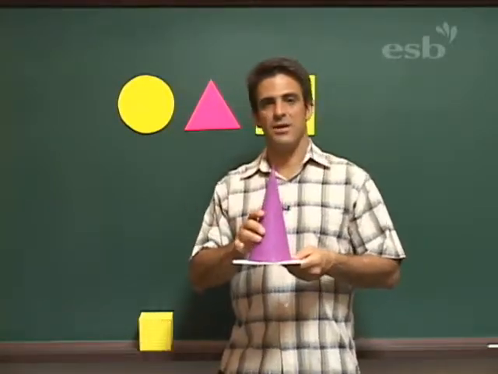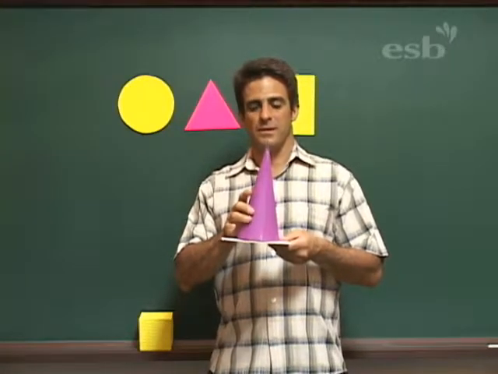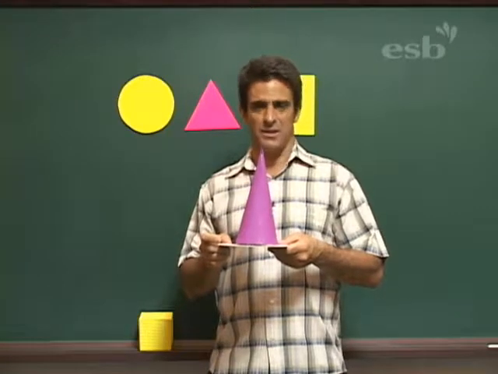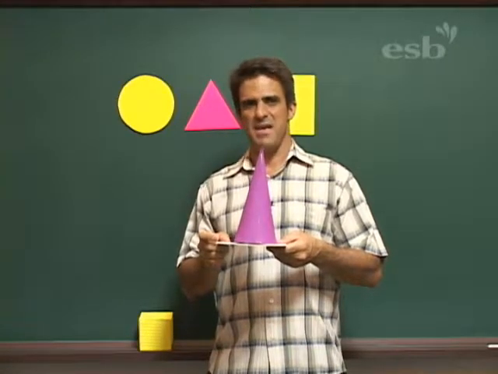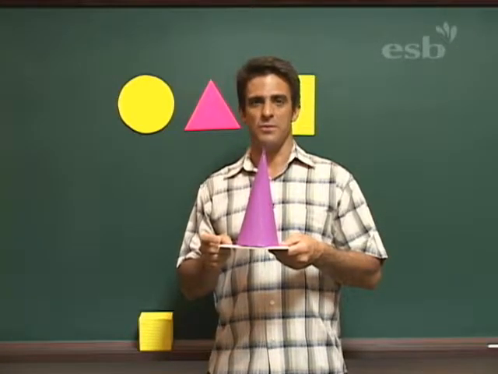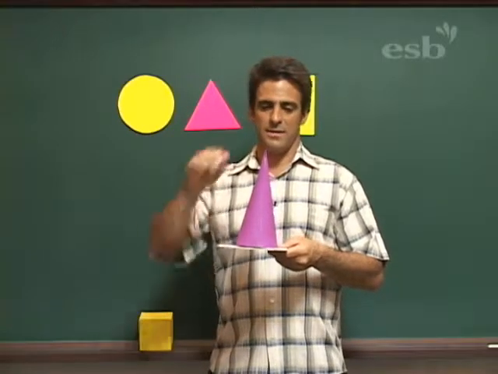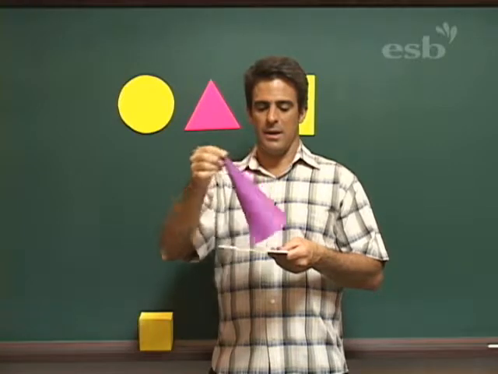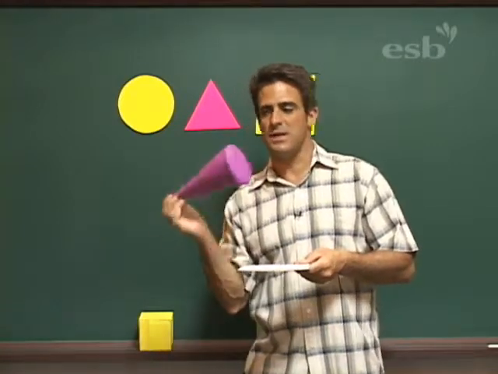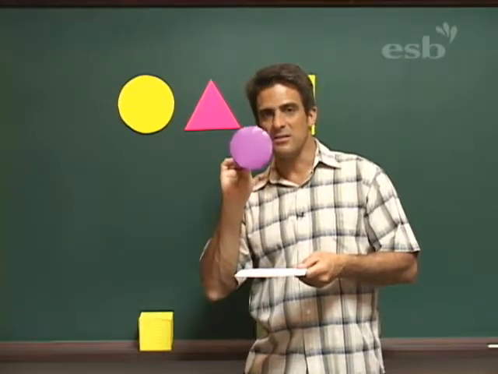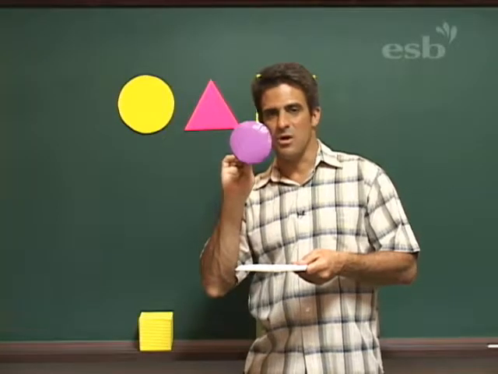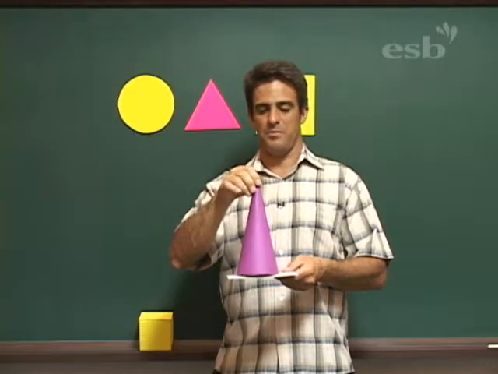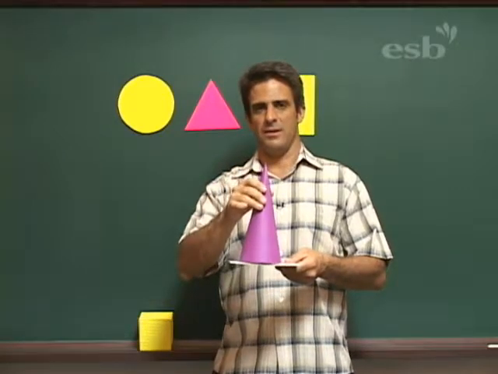This is a cone. It almost looks like a funny hat. Maybe a hat that a wizard would wear? Yeah, that's a kind of cone. There's a point on one end here, and on the other end, what do you see? Aha, a circle. So a cone has a circle on one end and a point on the other end.